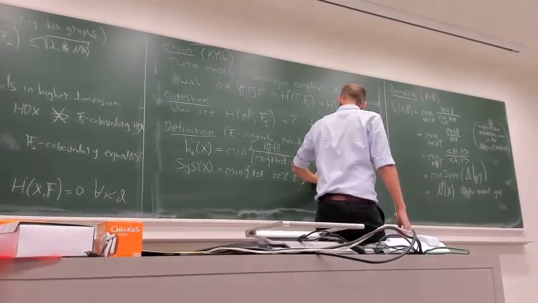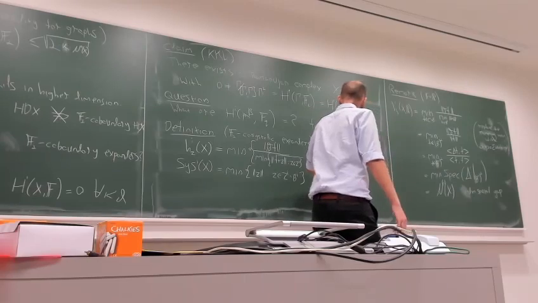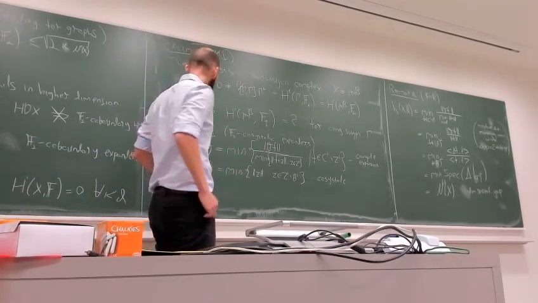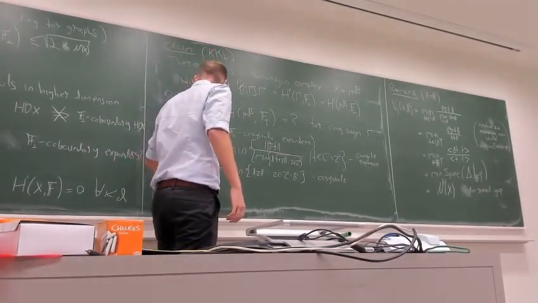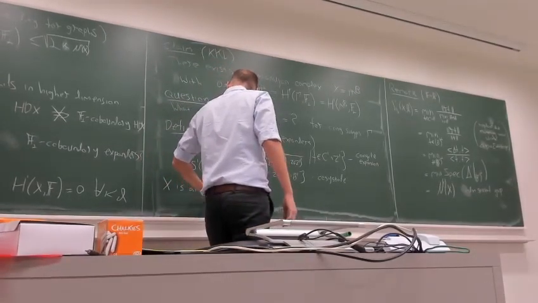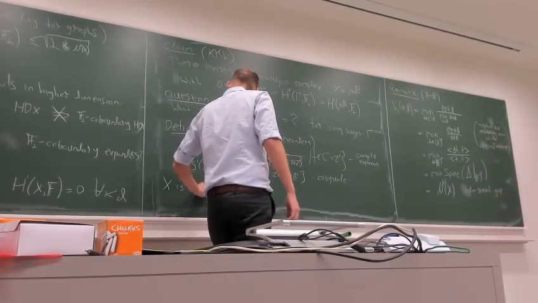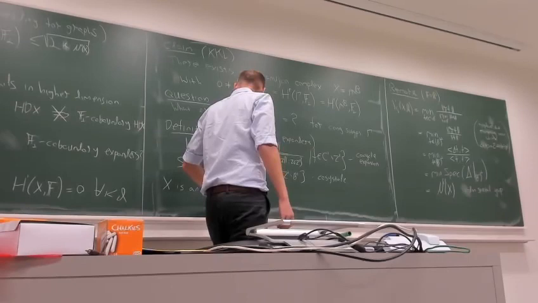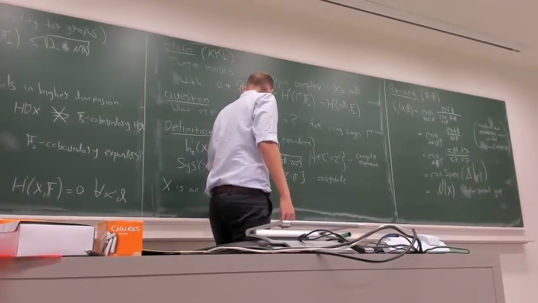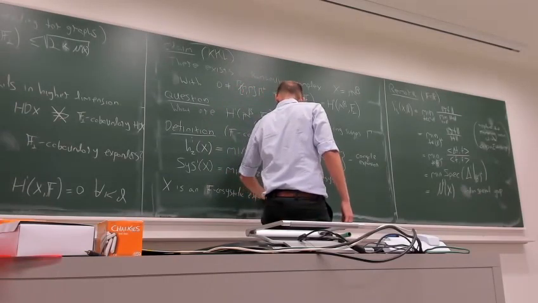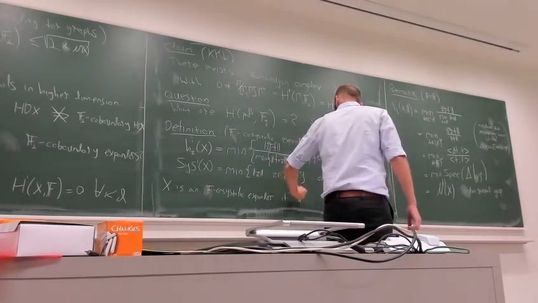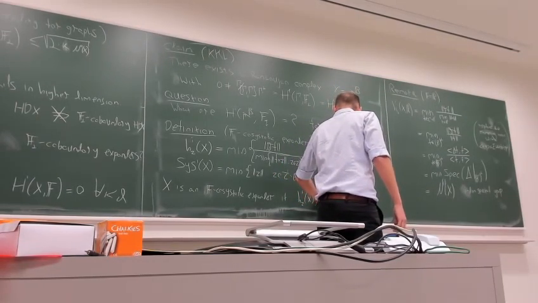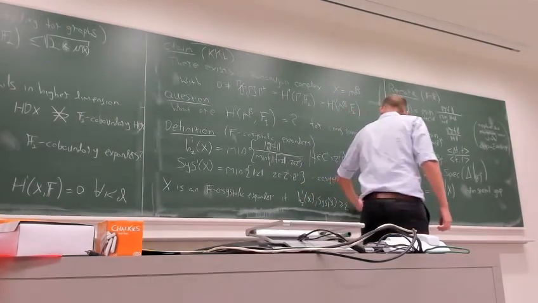The cosystole is the minimal size of a cocycle which is not a coboundary, and then X is an epsilon F-cosystolic expander if both of these constants are lower bounded by epsilon for all the interesting dimensions.